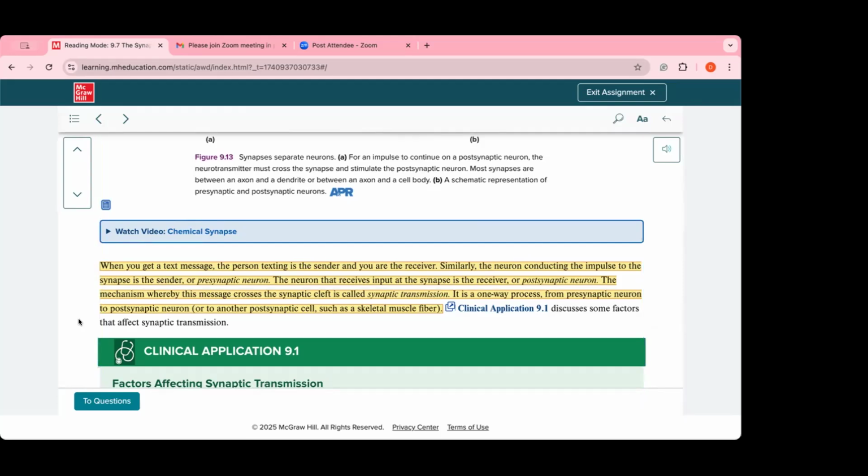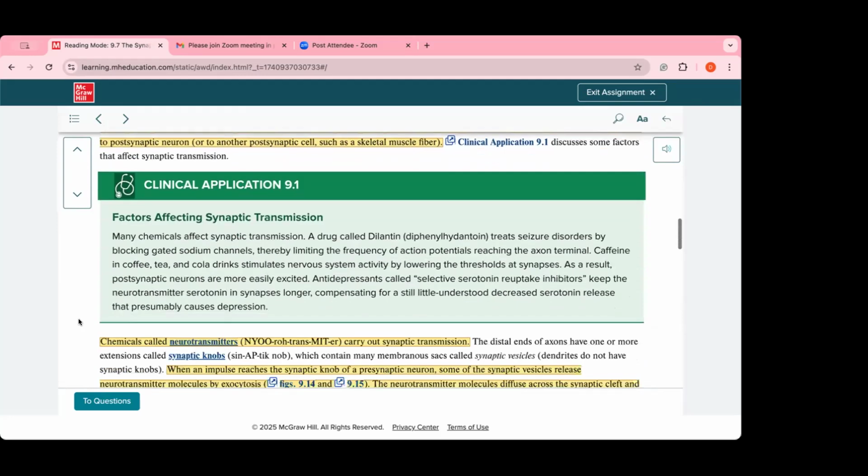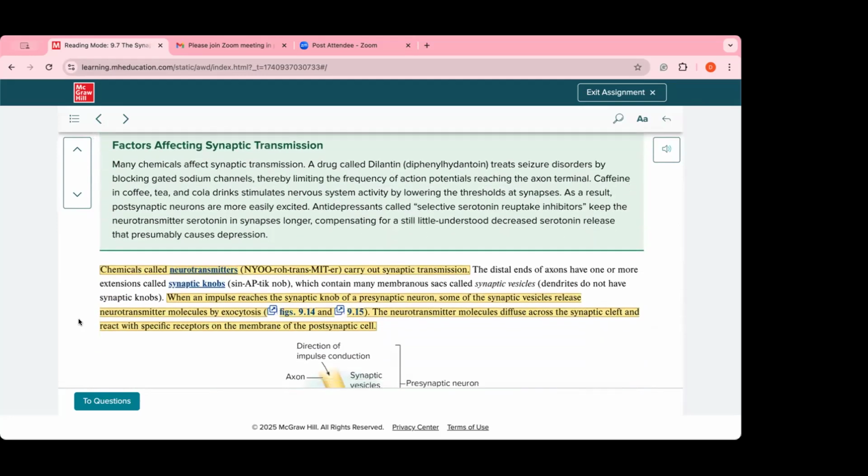The distal ends of axons have one or more extensions called synaptic knobs, which contain many membranous sacs called synaptic vesicles.